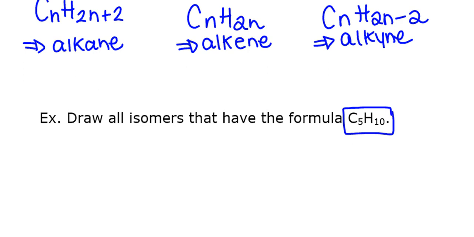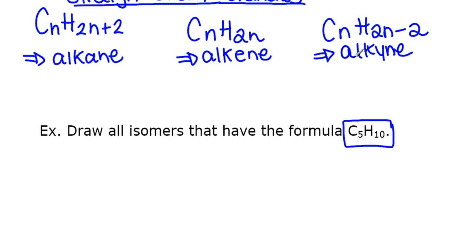So which of the 3 patterns that we just went through up above would it fit into? Would it be alkane, alkene, or alkyne? Hopefully you can see that it follows this one here. Twice as many hydrogens as there are carbons. So what that means is some of the isomers might be alkenes, and that would be a good place to start.